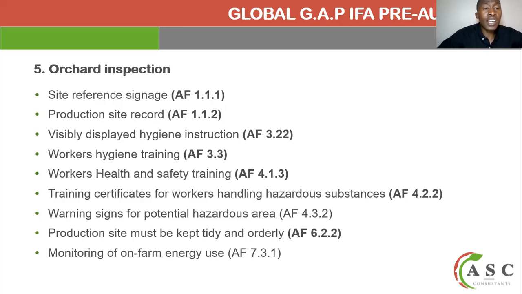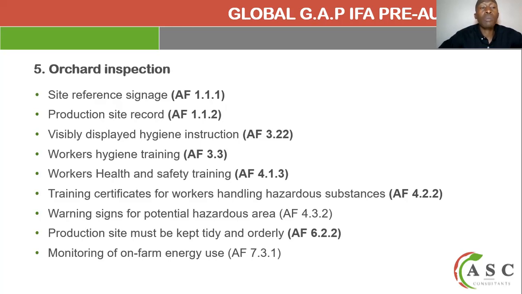Then production site records. These site records come in handy when you are doing your mass balance verification. Basically, the site production record informs you how many tons or kilos your production produced for export, how many for your local market, and how many kilos went to waste.